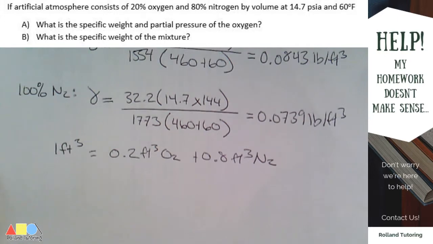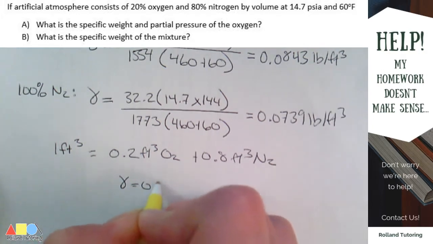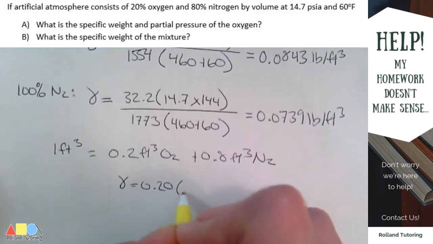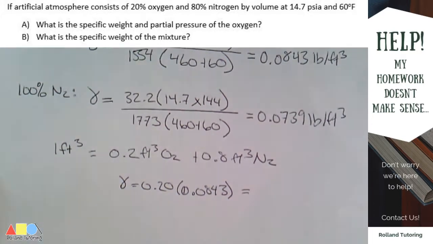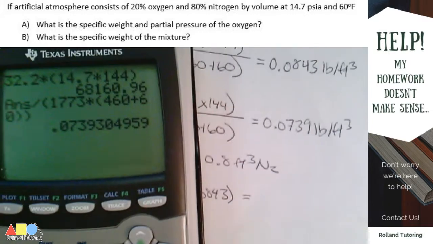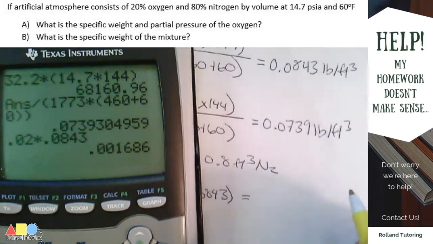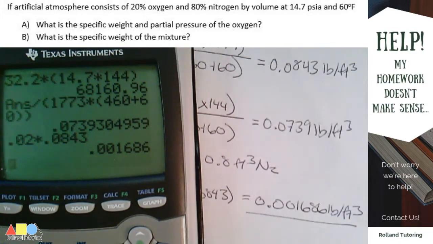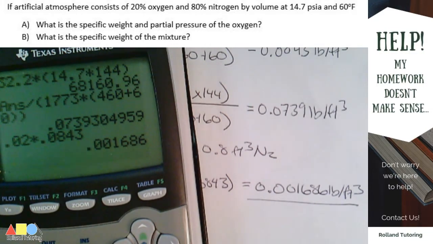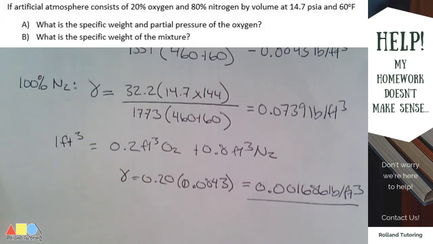So for 20% oxygen, we would have our density of 0.2 times our 0.0843, which would give us 0.001686 pounds per foot cubed.